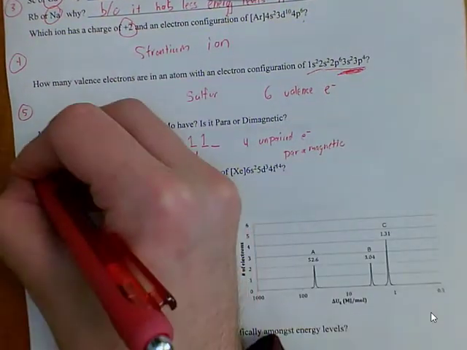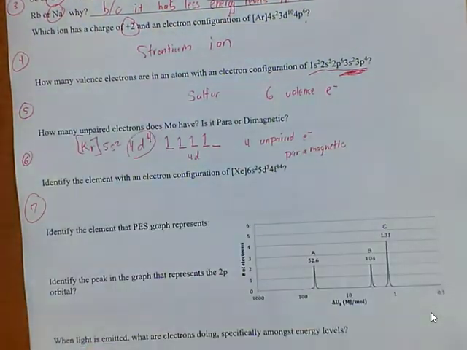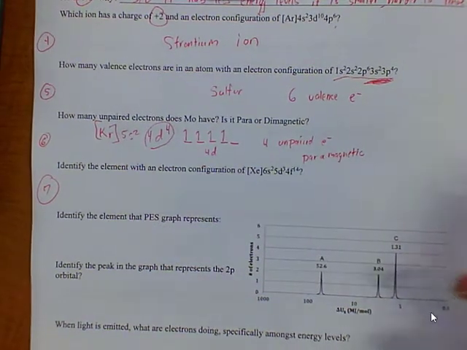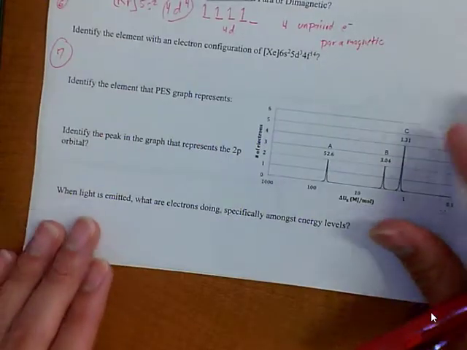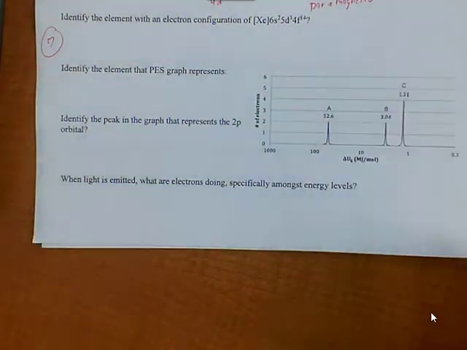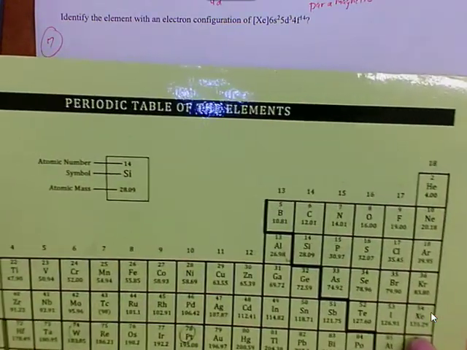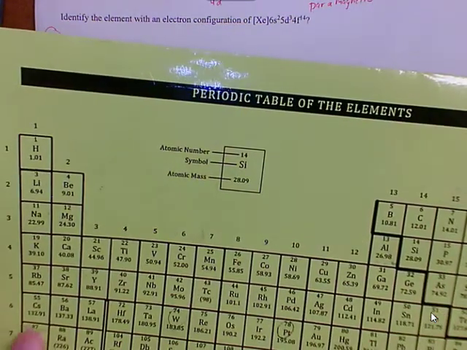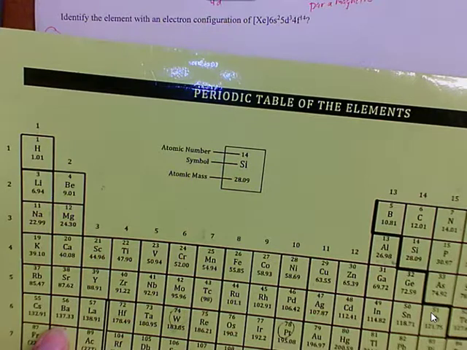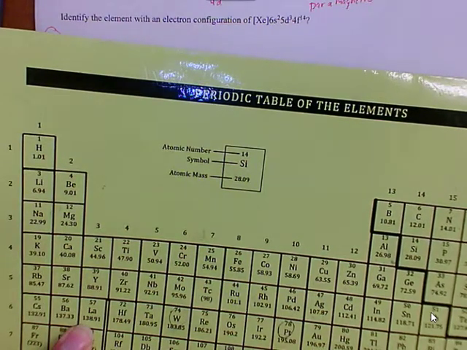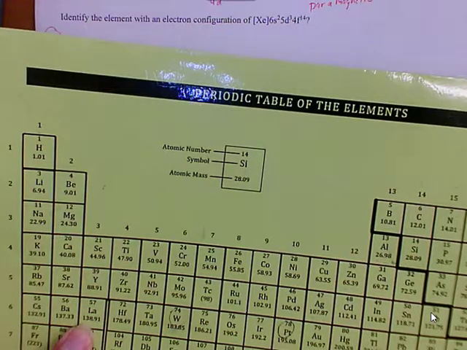All right, next. Identify the element whose electron configuration is this one. This is a little bit easier. Starting with Xe, because that's my noble gas that I have. Starting with Xe, we're going to do 6s2. So looking over here, 6s2, 5d1, 4f14, go all the way down, and then it says 5d3.